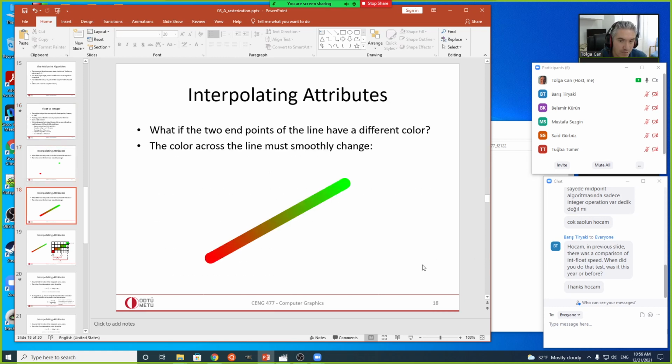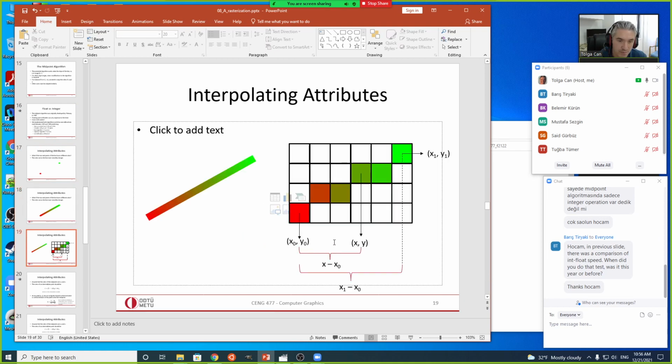And how we can do that is by just interpolation. We could do bilinear interpolation by computing the distance on the line itself. But there's a simpler way to do that. It's just an approximation, actually. It's not exact.